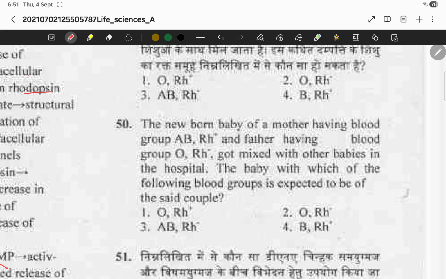The newborn baby of a mother having blood group AB positive and father having blood group O negative got mixed with the other babies in the hospital. The baby with which of the following blood groups is expected to be opposite couple?